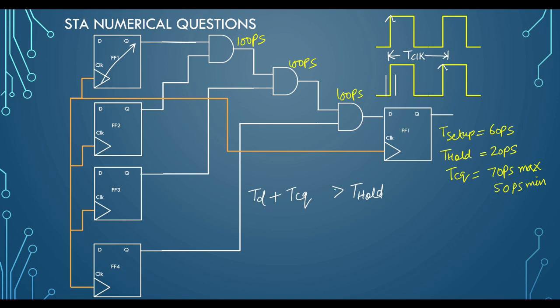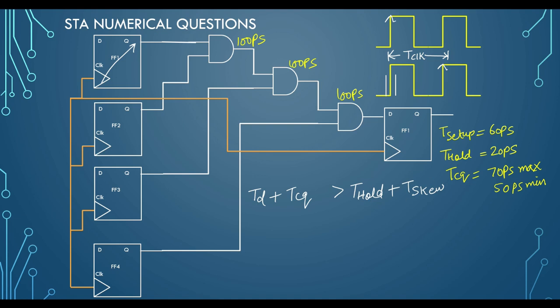TD plus TCQ, the total combinational delay, should be at least greater than T hold. If there is skew in the clock path, that gets added to the hold side, as an uncertainty portion, or you can subtract it from the other side; it is the same. The flip-flop will have some TCQ delay, which should be put here.